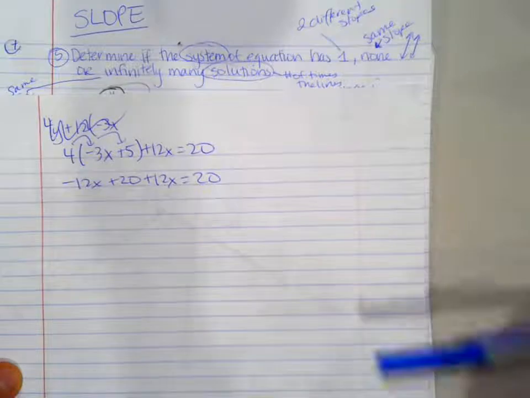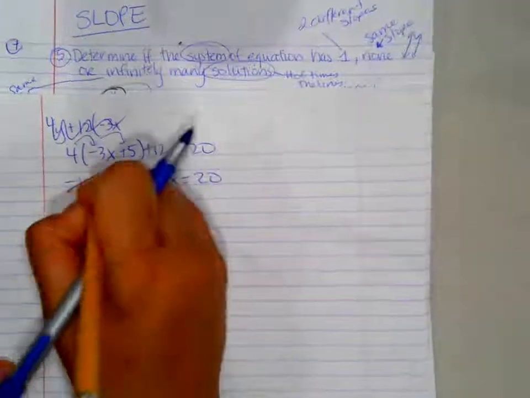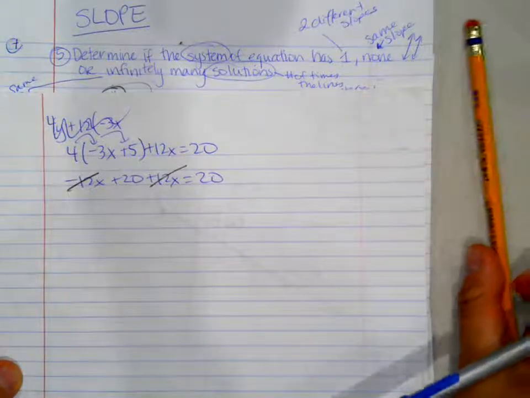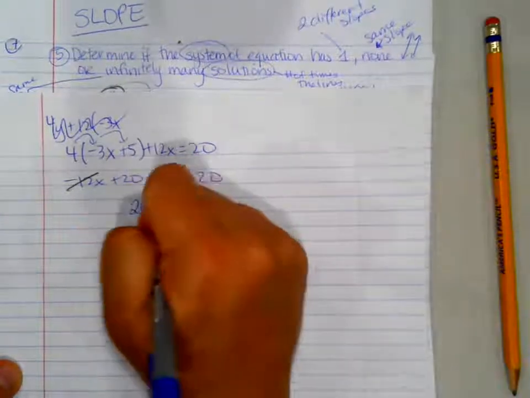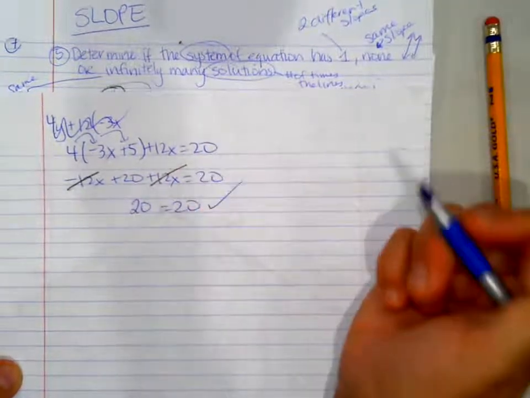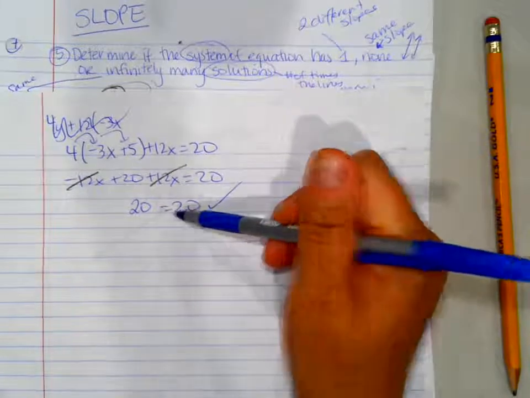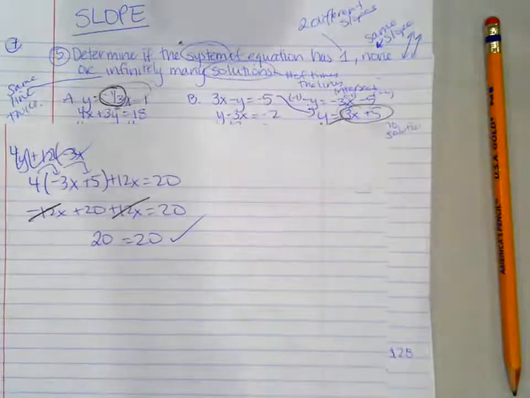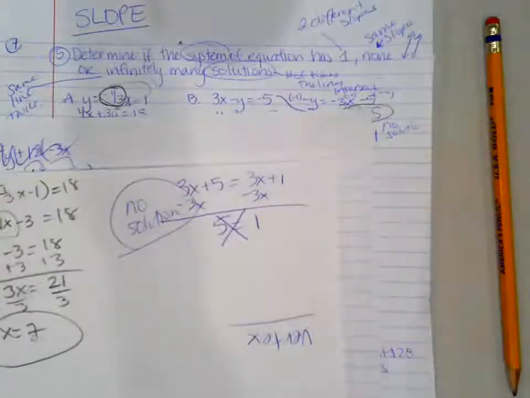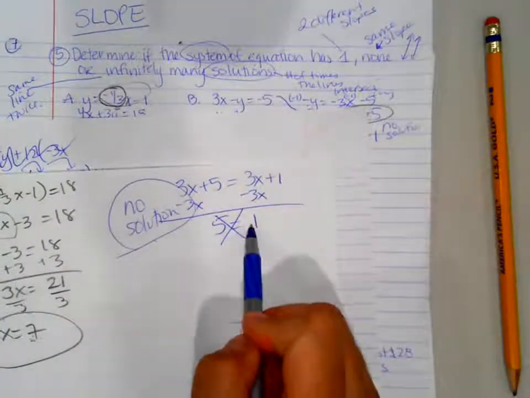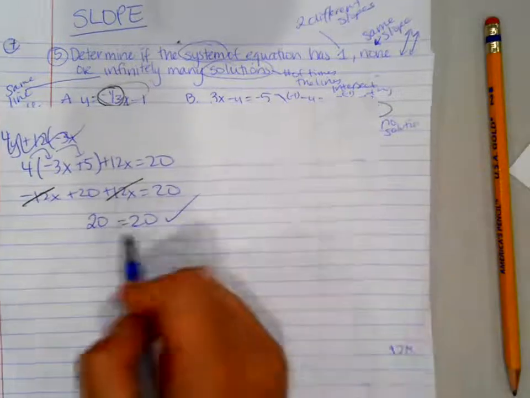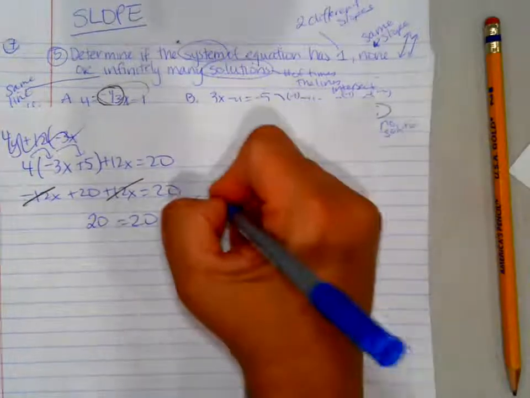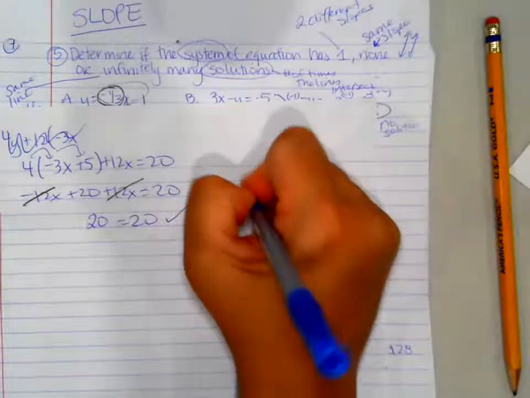All right? And I've got negative 12x and positive 12x. Those go away. But what I'm left with is 20 equals 20. And that's true. That's very different than the one we did here, where your variables dropped out and you got 5 equals 1. That doesn't make sense. But 20 does equal 20. This gives me infinite solutions.